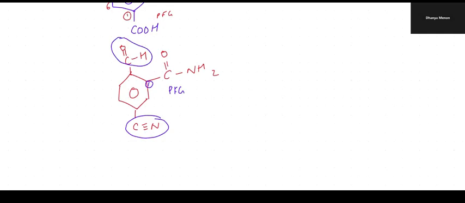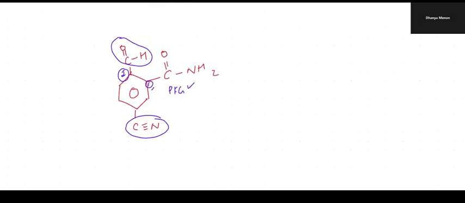So when we number it, the carbon with the primary functional group, the amide, will get number 1 position. So we will give the carbon connected to the aldehyde the second number, because we also have to take care that the substituents are getting the lowest positions.